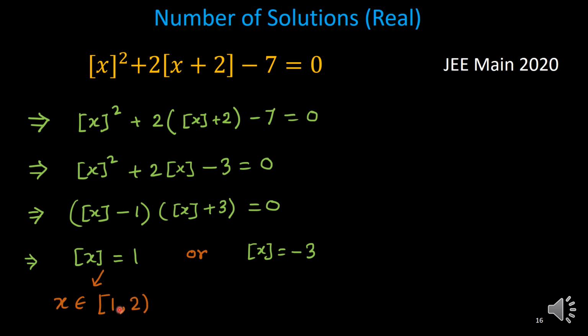All the values starting from 1 up to 2, with 2 excluded, within this interval the greatest integer value is always 1. Similarly for this one, the range will start from minus 3 to minus 2, an open interval at minus 2. So all the points within these two intervals are the solutions.